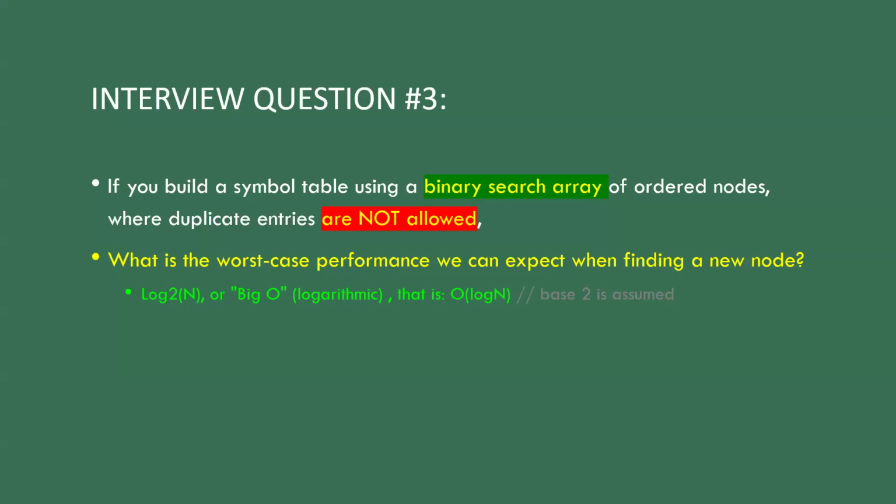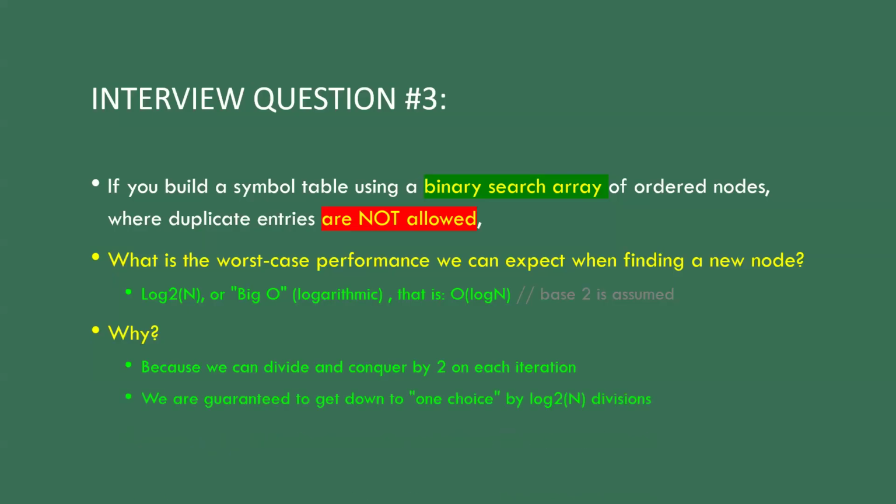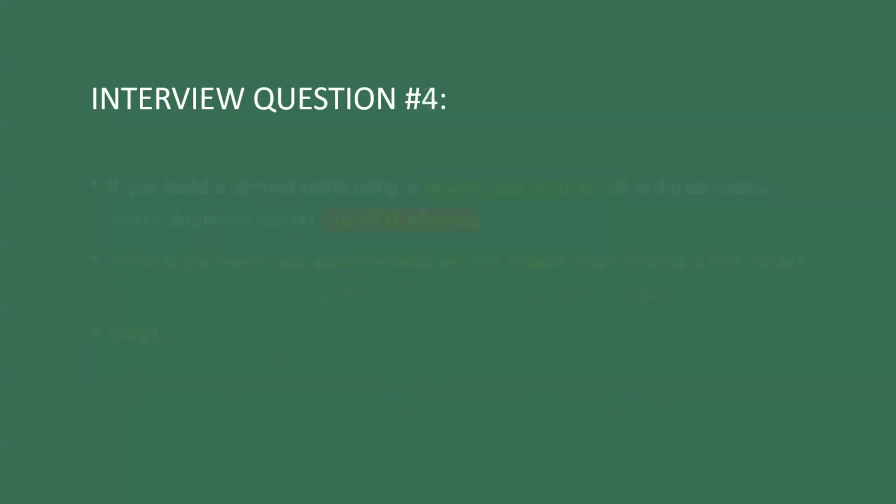We know we're bounded by that divide and conquer limitation. That's pretty good, because we have everything already ordered. So we're guaranteed that we can get it worst case by that. We might do better than that, but that's our worst case.